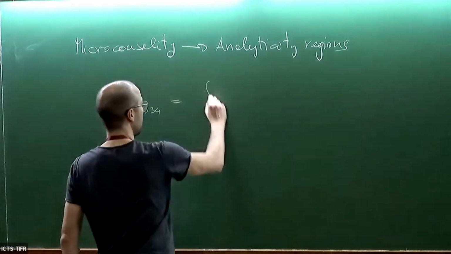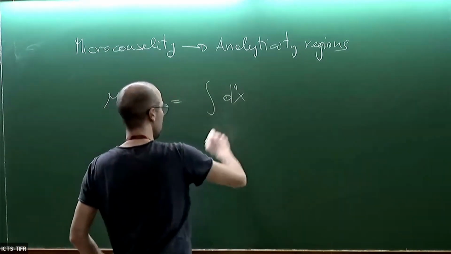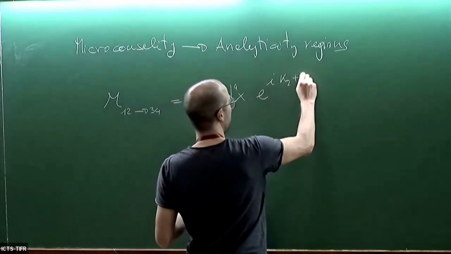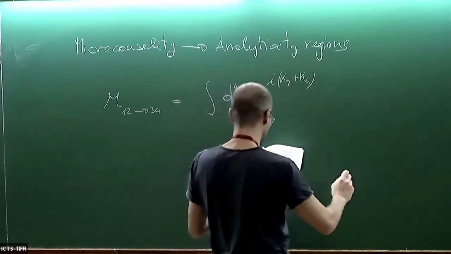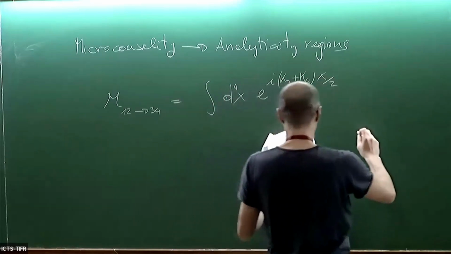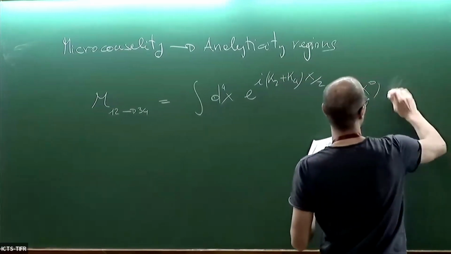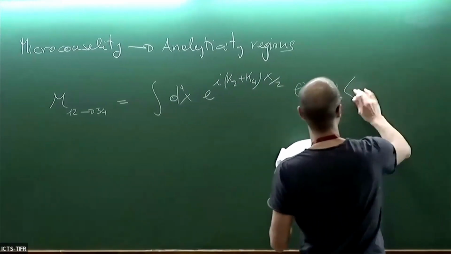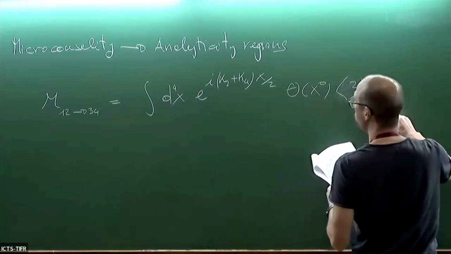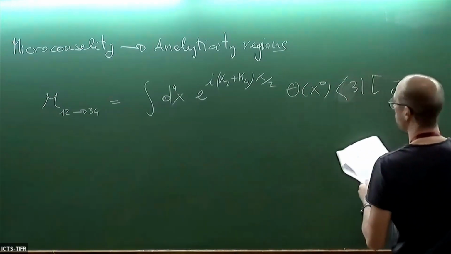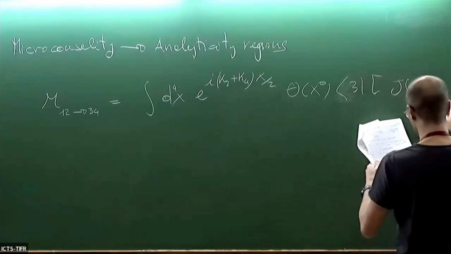And yesterday I was showing that you can write this in the following form with a version of the LSZ, which involves the commutator of two fields associated with particles 2 and 4 in this case.